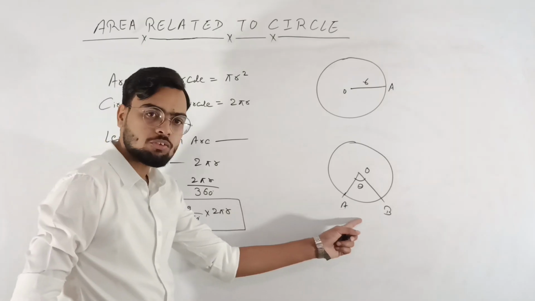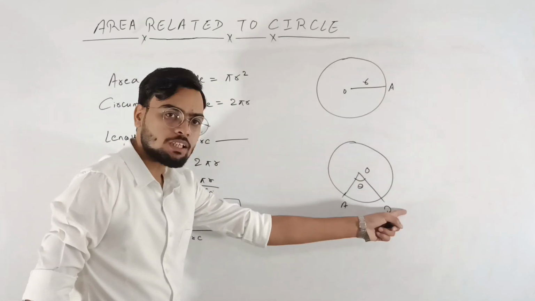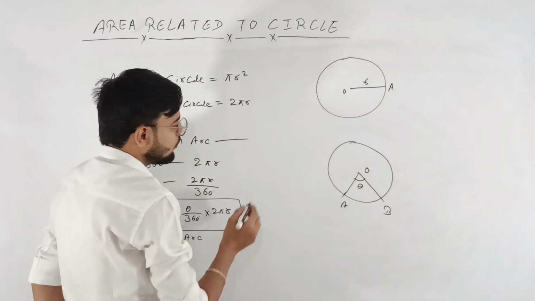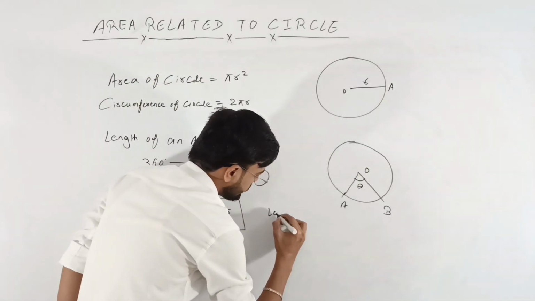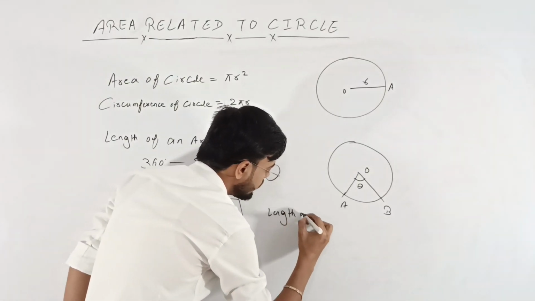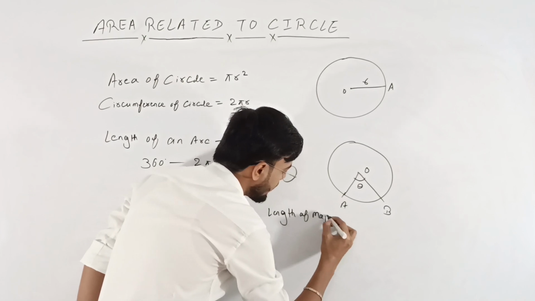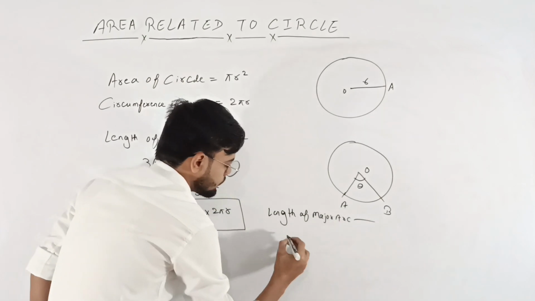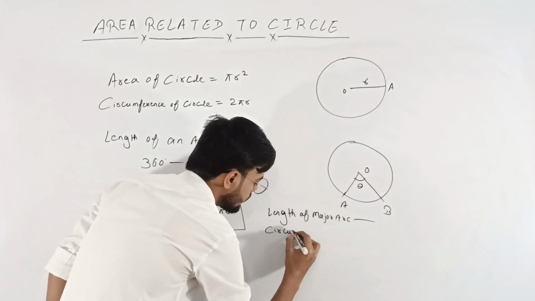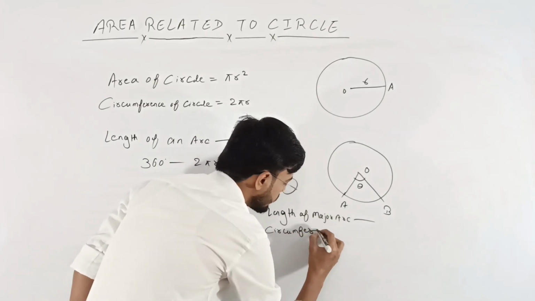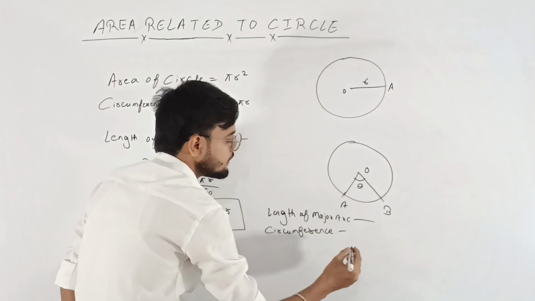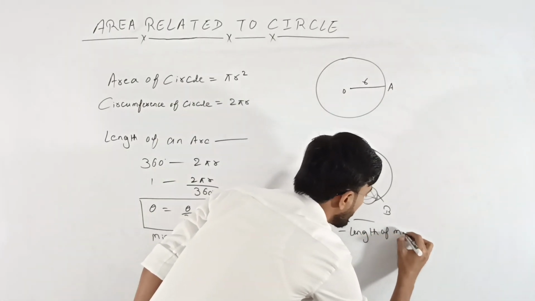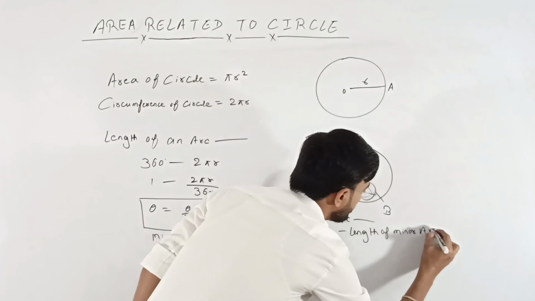We subtract this length of the minor arc from the circumference of the circle, then we get the length of this part. Okay, major arc. So I write it here, length of major arc is circumference minus length of minor arc.